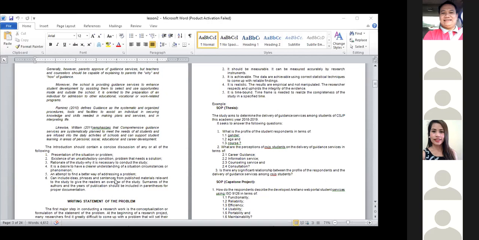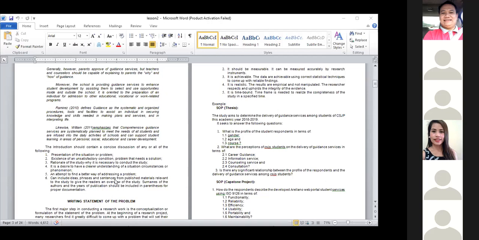So, syempre, sabi nga nila, two heads are better than one. So much better, guys, if you could approach another person na meron ding idea about dun sa research, no? Kasi from that, magkakaroon ka ngayon ng additional info, additional knowledge, additional idea.